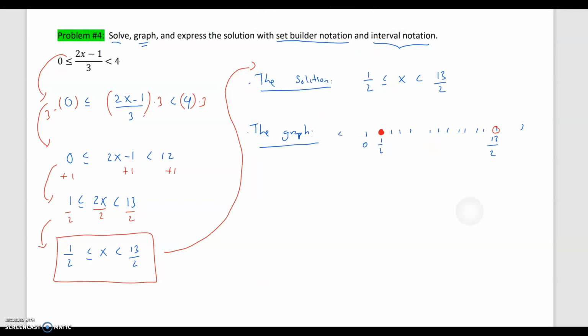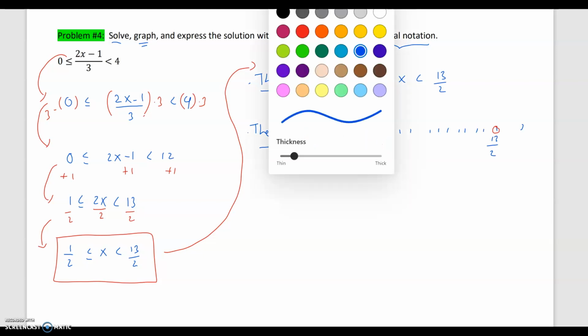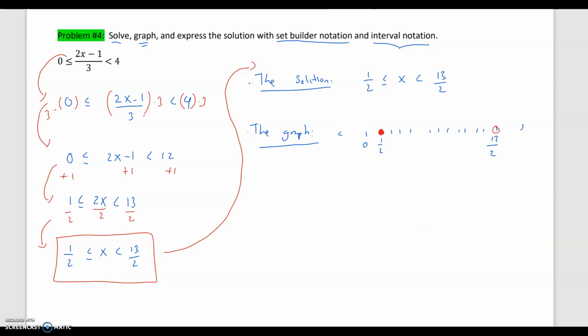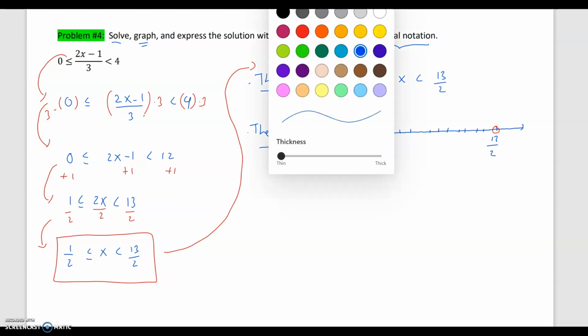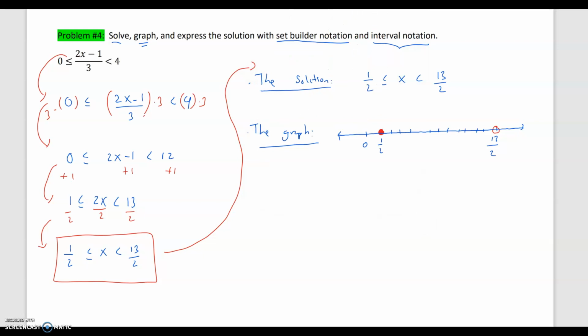So let me try to put it back. Okay, let me put this how I had it before, and let me make it a little bit thicker. My point is that the red portion is right on top of it. Okay, there we go. I think it's a little bit better. So that's going to be our graph.